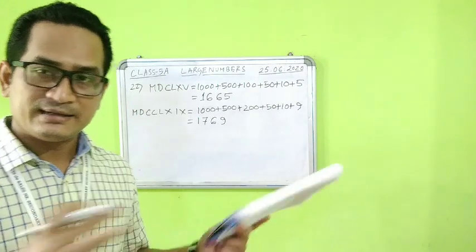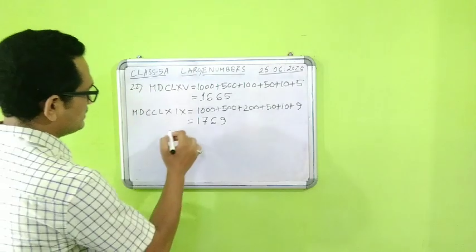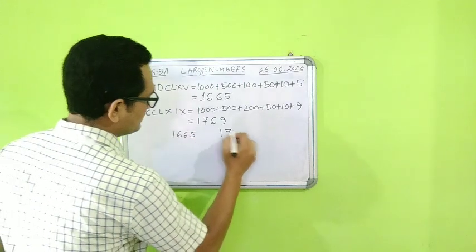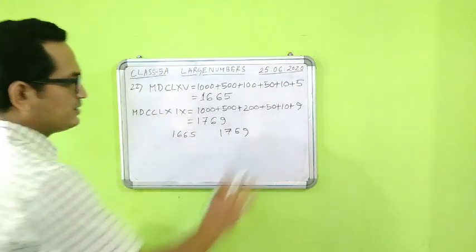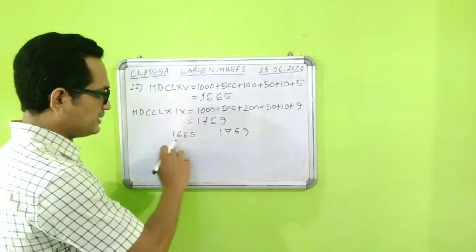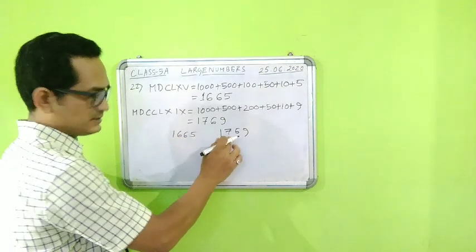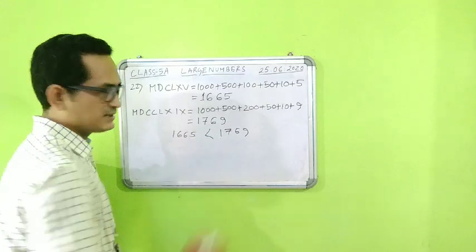Now which one is greater out of these two? Let us compare. So 1665 and 1769. Both are 4-digit numbers. If we compare from the left hand side, 1, 1, they are same. 6, 7. Obviously 7 is greater, that means this number is greater.